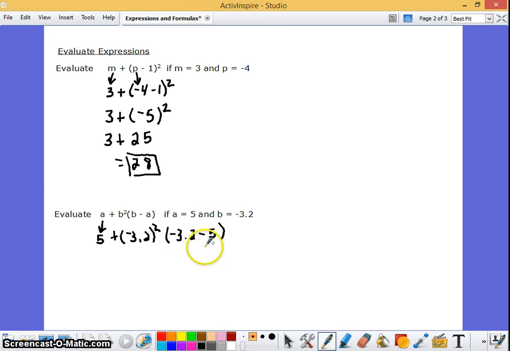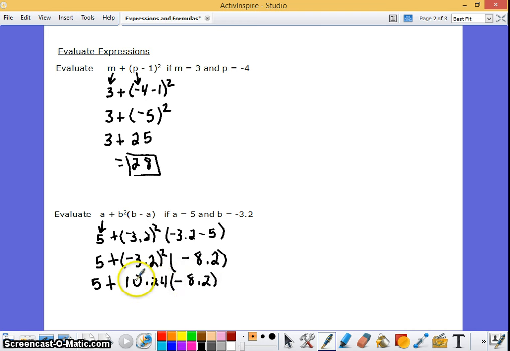Alright, so first thing, parentheses. So that's 5 plus negative 3.2 squared times negative 8.2. So now we want to deal with the exponent. So negative 3.2 squared, you would put this into your calculator, and when you do, you would have that it is 5 plus 10.24 times negative 8.2.